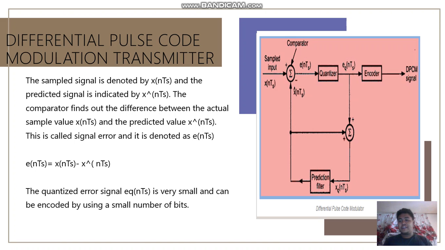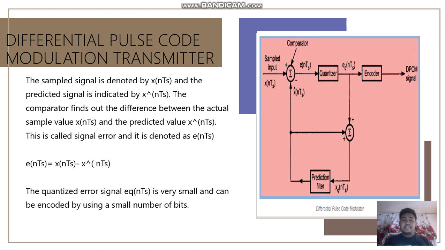So, the differential pulse code modulation transmitter. We have here a visual: the sampled input, the comparator, the quantizer, the encoder, and we have the prediction filter also. The sampled signal is denoted by x(nTs) and the predicted signal is indicated by x^(nTs).